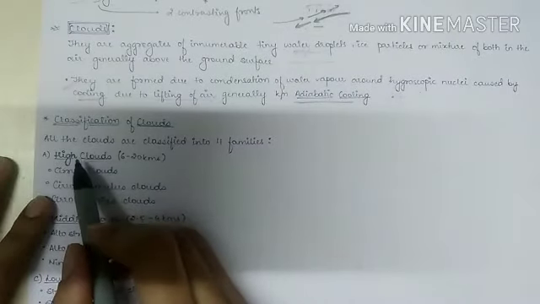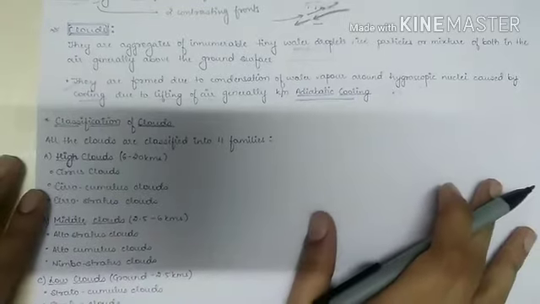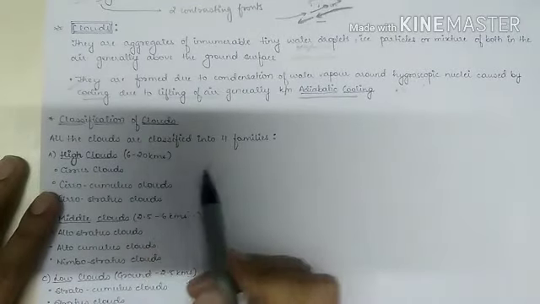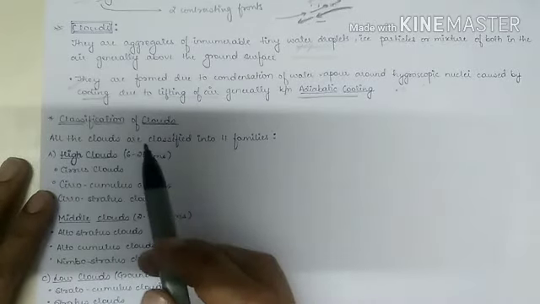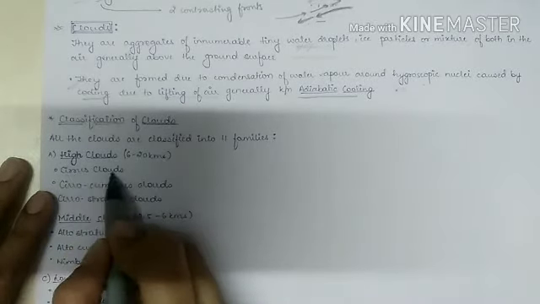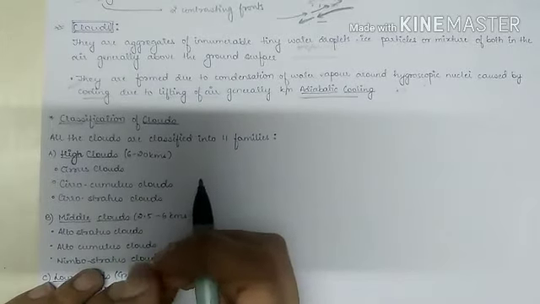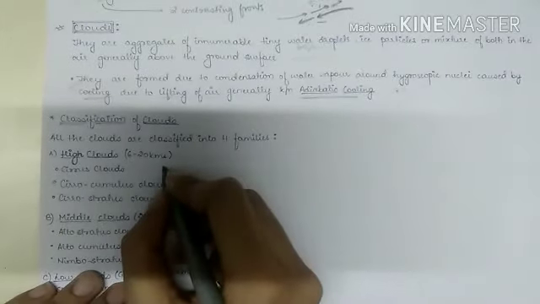So the first one is high cloud. High clouds are formed at the height of 6 to 20 kilometers above the ground. So the first type of cloud is cirrus cloud. Cirrus clouds are actually high altitude detached clouds. They are like this.